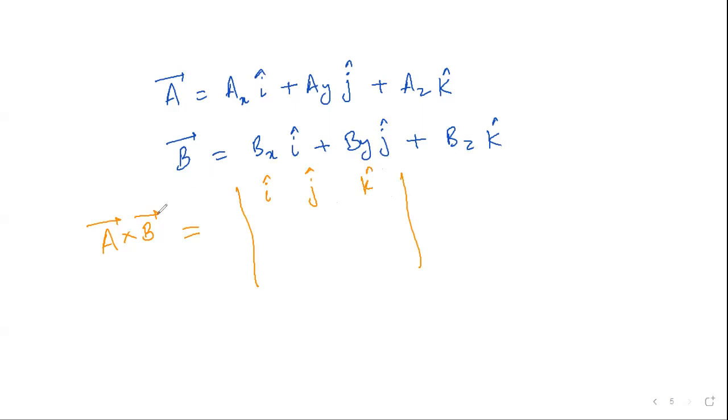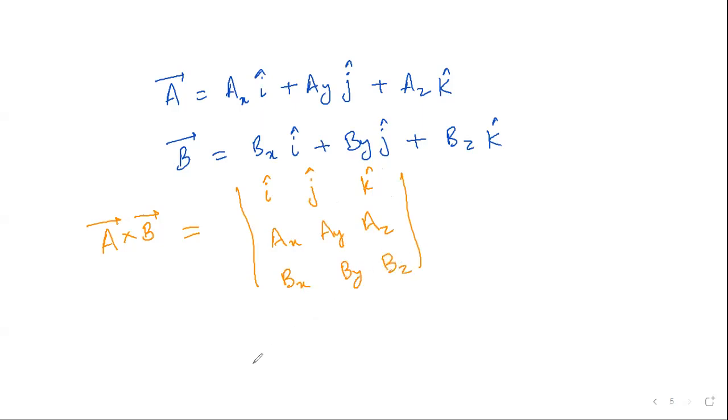In the second row you write the components of the first vector in the cross product: ax below i cap, ay below j cap, az below k cap, and then the components of the second vector bx, by, bz.